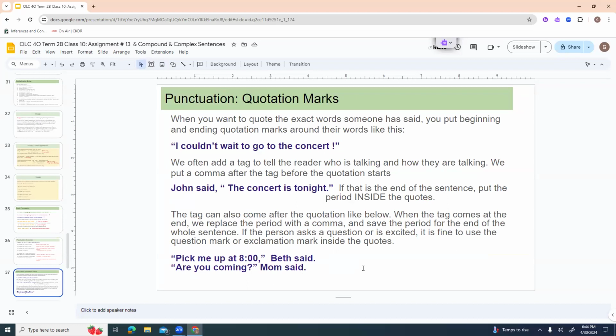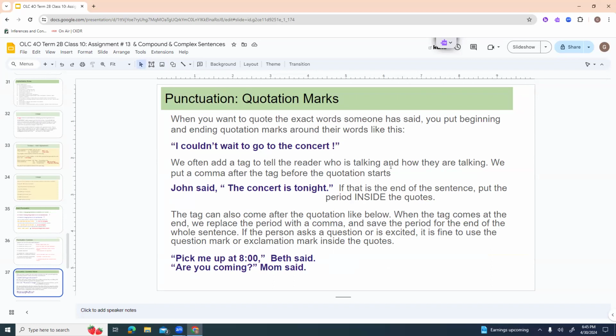Punctuation marks. Oh, yeah, we're going to talk about this. It's probably the last thing we'll get to. When you want to quote the exact words somebody said, you need to put beginning and ending quotes around their words like this. Opening quote, I couldn't wait to go to the concert. Closing quote. Remember yesterday we talked about 66 for the beginning and 99 for the end?